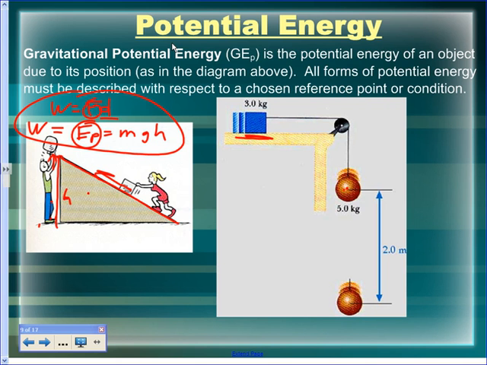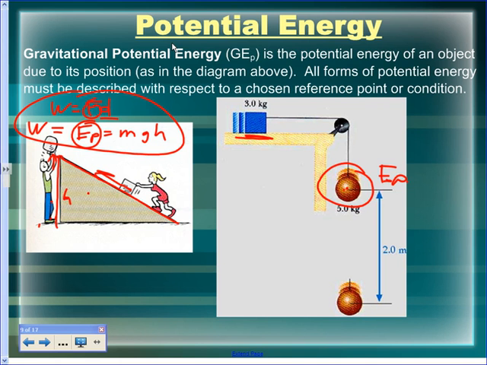So, here's the thing. When we first lift this block up, all the energy in this system is contained here as potential energy. Once this thing gets moving, what does that potential energy turn into? Kinetic energy.